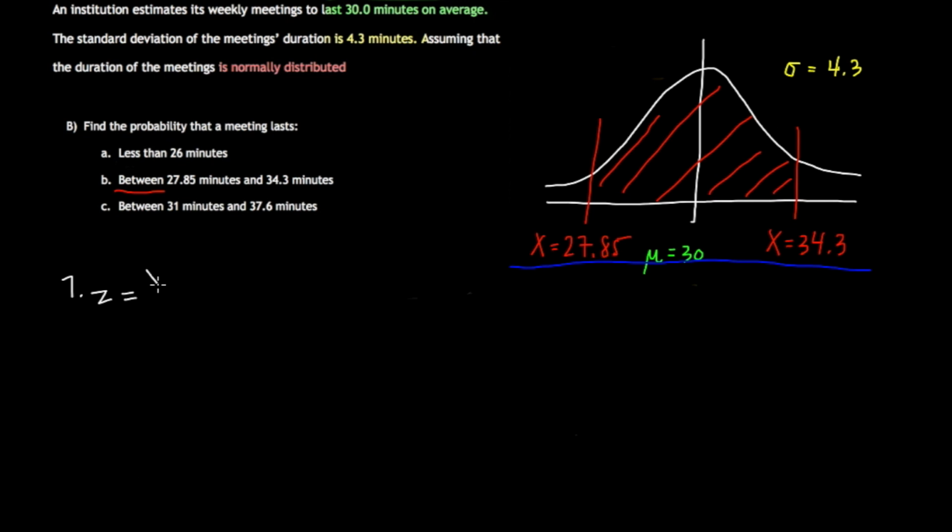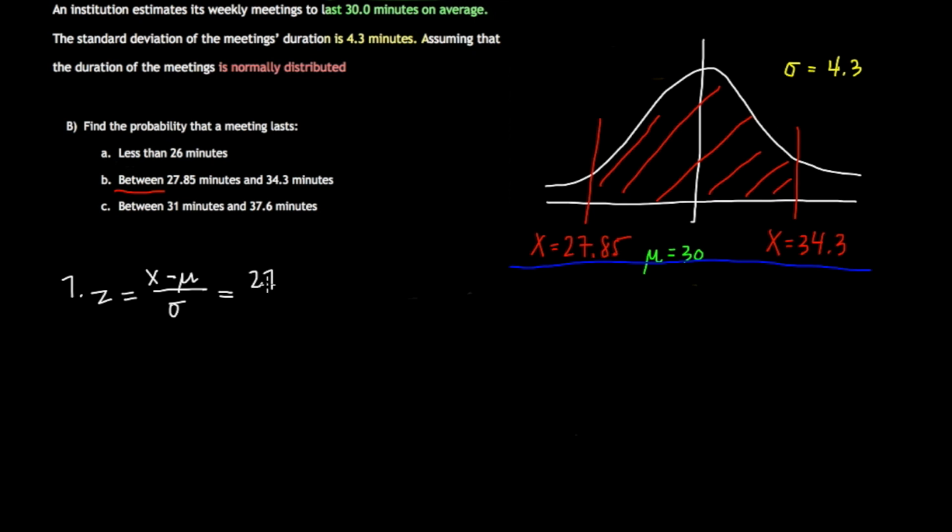That's going to be, as always, x minus mu divided by our standard deviation. The first one, we'll start with the one here on the left.